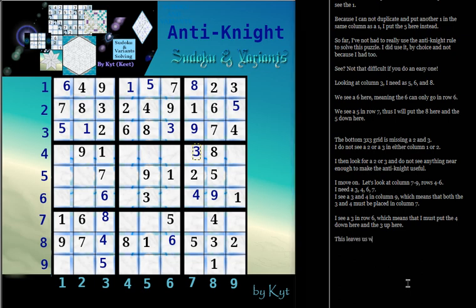This leaves us with the 6 and 7. Now notice this 7 in row 3, column 8.